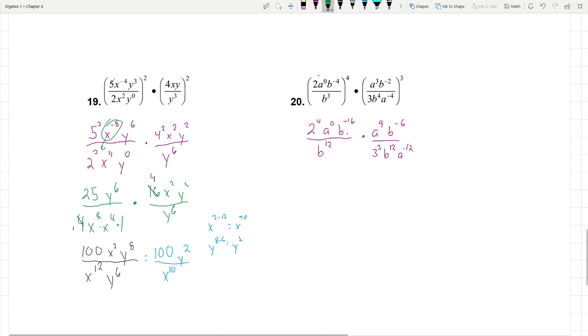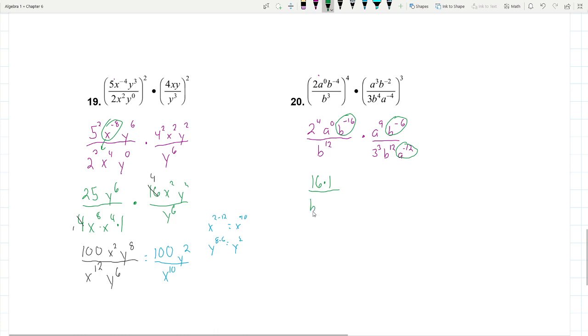Okay, the big issues that I see is I want to move this negative 16, this negative 6, and this negative 12. That way everything's positive exponents. I'll also evaluate some of these numbers as we go along. 2 to the 4th is 2 times 2 times 2 times 2, so that's 16. A to the 0 is just 1. That's everything because the 16 is moving. B to the negative 16 is moving.